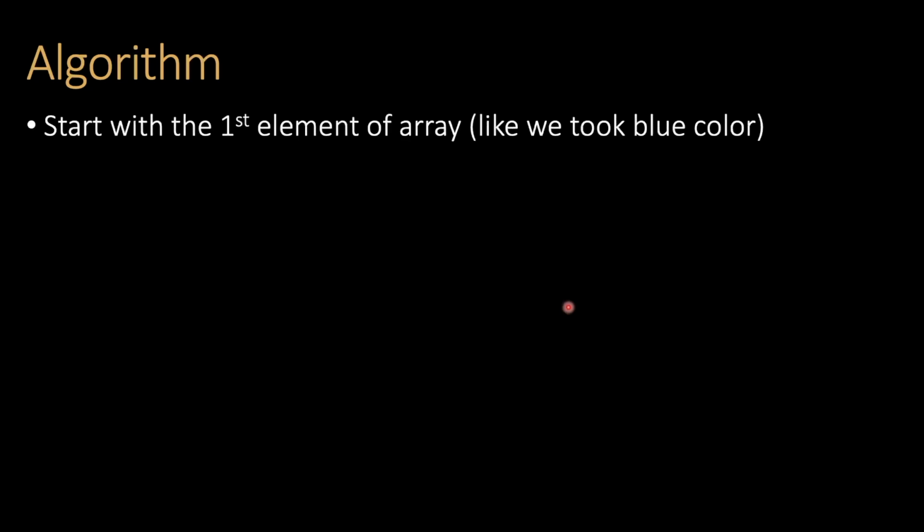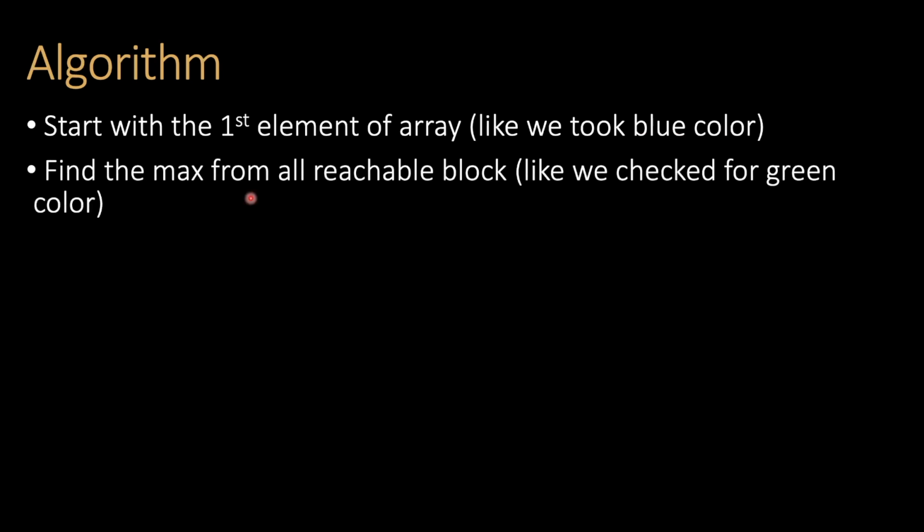Now let's create the algorithm from our intuition. What did we do? We started with the first element of the array, which we colored blue, that was our starting point. The second step is to find the max from all reachable blocks. Like in the previous example, we find the max from each green block, the blocks reachable from the blue block, and find the farthest position we can go to.